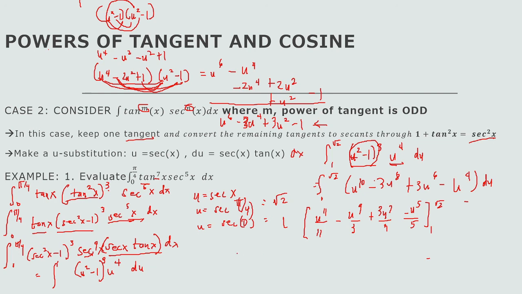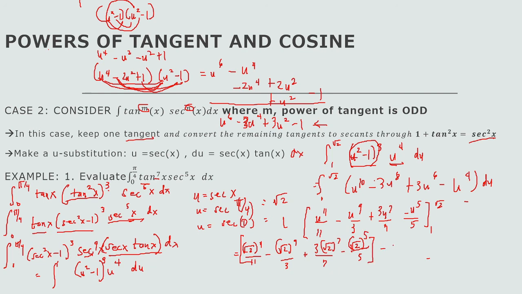So therefore, that is square root of 2 to the power of 11 over 11 minus square root of 2 to the power of 9 over 3 plus 3 square root of 2 to the power of 7 all over 7 minus square root of 2 to the power of 5 all over 5. So bracket minus.